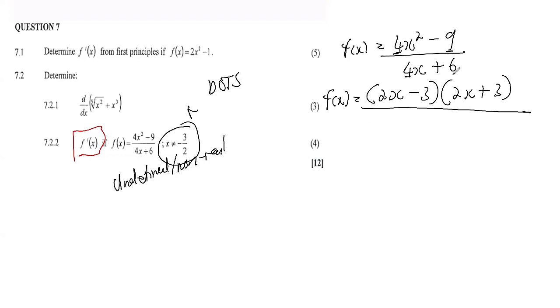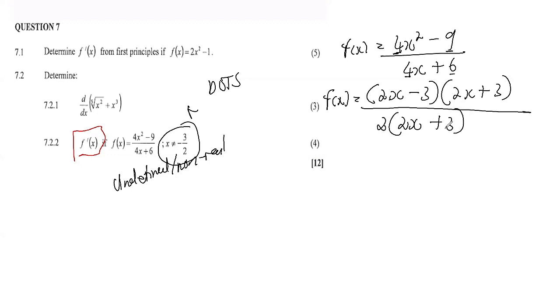So looking at 4 and 6, we can see that there is a common factor between 4 and 6, which we can all agree is 2. So we can factor out 2. From the 4, if we factor out a 2, 4 divided by 2 leaves us with 2x. And if we factor out a 2 from 6, 6 divided by 2 will leave us with 3.